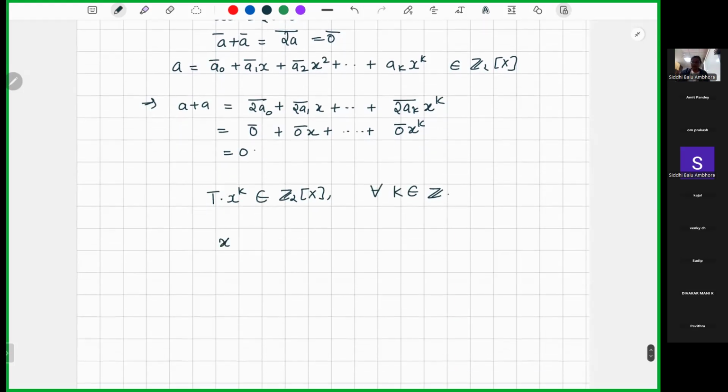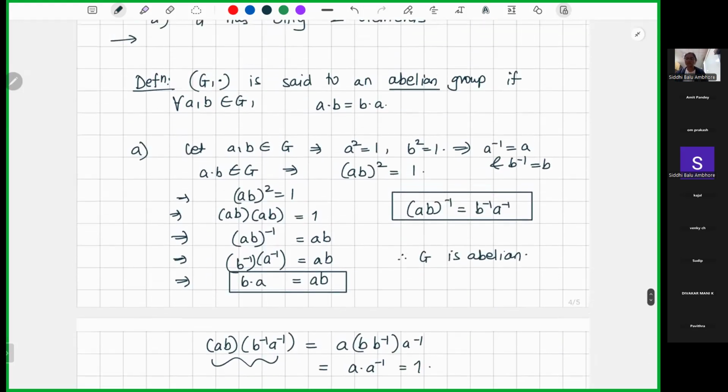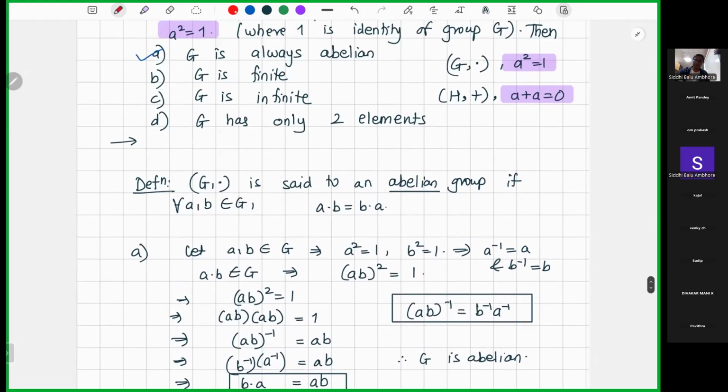For each power, they are all different. Is this okay? So G need not be finite in general. So this statement is not true.